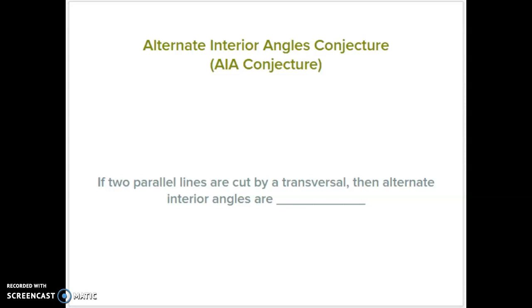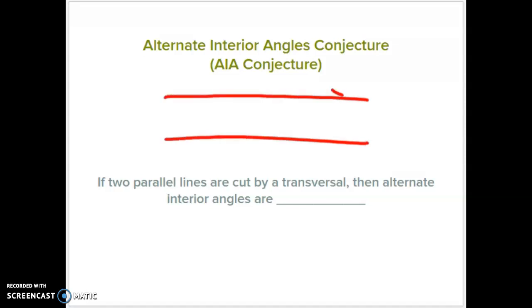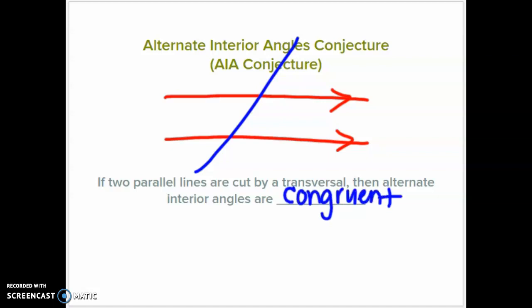The alternate interior angles conjecture says that if we have 2 parallel lines cut by a transversal, then the alternate interior angles are congruent to each other. Okay, so we have this one would be equal to this one.